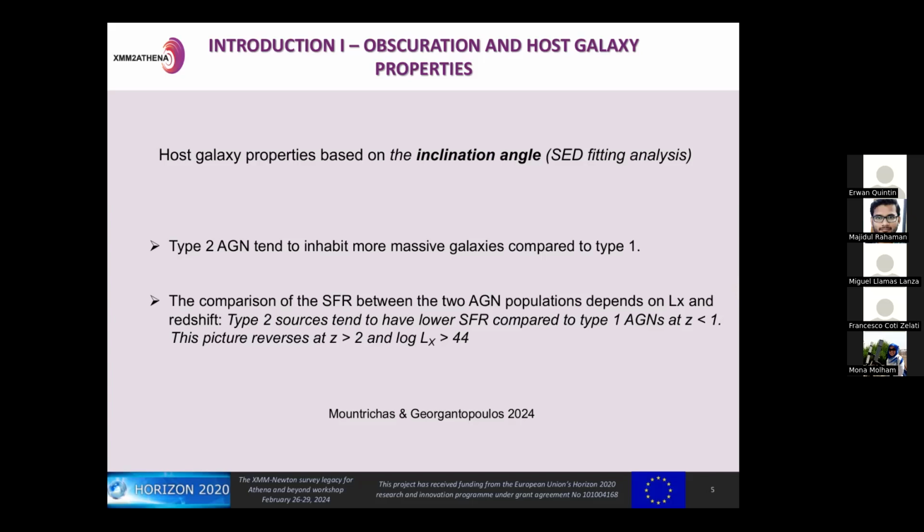And what we found, in agreement with the previous results that I saw, is that type 2 AGN live in more massive galaxies compared to type 1. But in this case, we also found that the comparison between the star formation rate of the 2 AGN populations depends on the X-ray luminosity and the redshift.